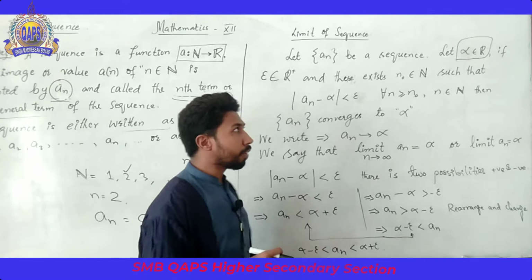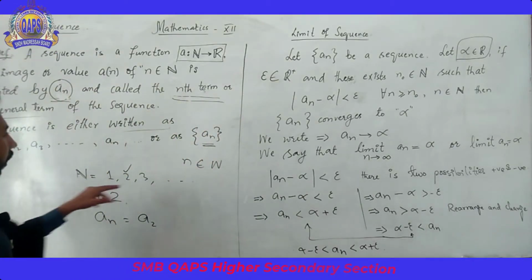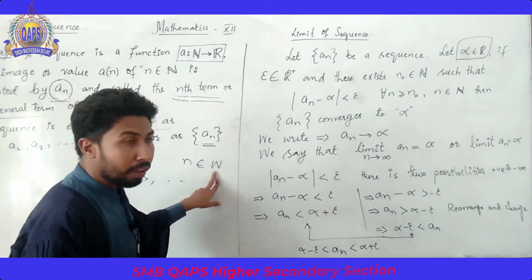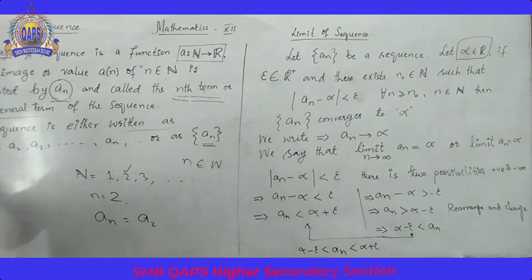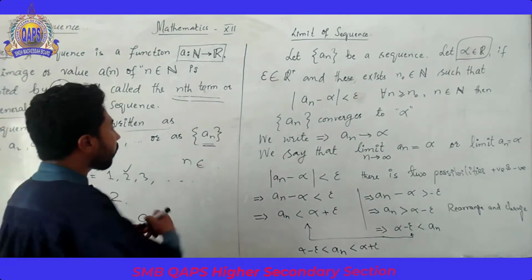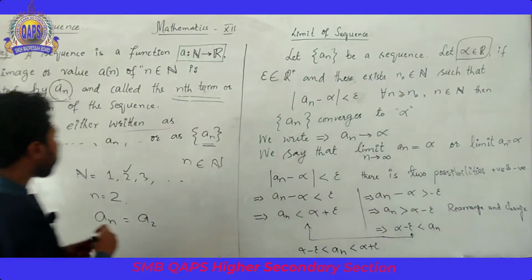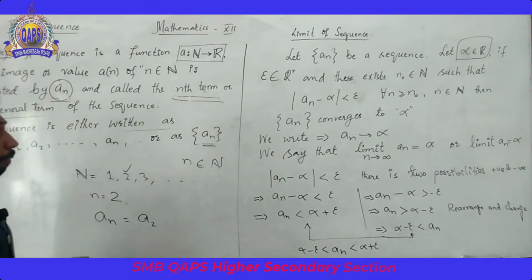I have already told you that when n belongs to the whole numbers, it starts from 0, and if n belongs to the natural numbers, it starts from 1, because natural numbers start from 1 and whole numbers start from 0.